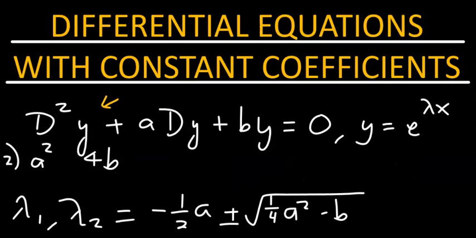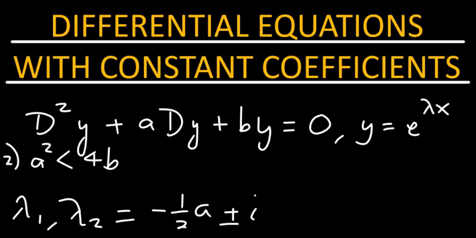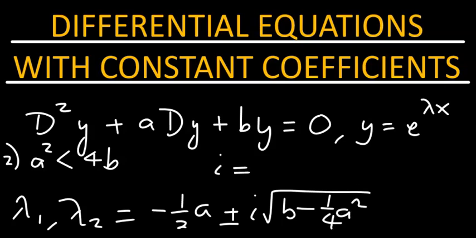The second case is when a² is less than 4b. If that's the case, the term under the radical sign is negative, and we can write λ1 and λ2 as -a/2 ± i times the square root of (b - 1/4 a²), where i is the square root of -1.